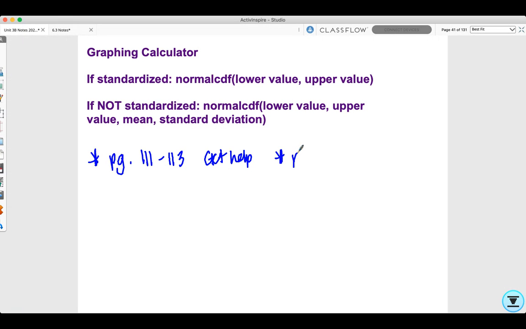Specifically, page 112 gives you calculator help. So if it's standardized, use normal CDF, the lower z-score, then the upper z-score, and it will give you the area under the curve. If it's not standardized, use normal CDF, your lower value, your upper value, then the mean and standard deviation with the commas. And this is described on page 112.